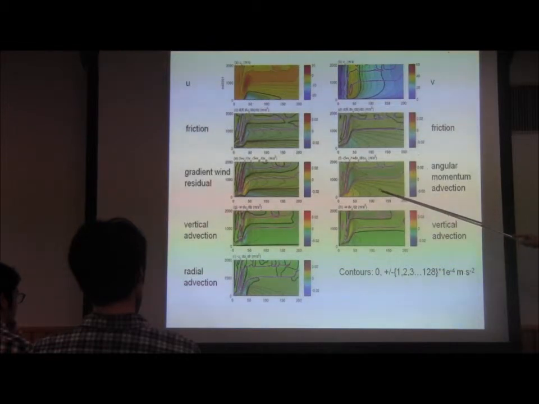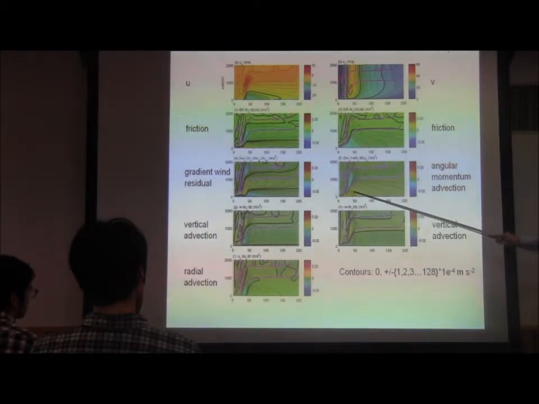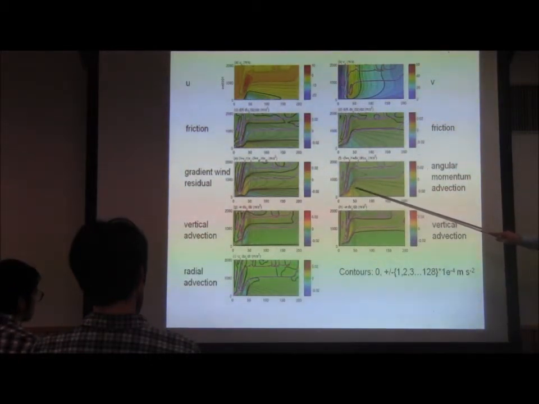Now, if you imagine the flow coming in here, as it ascends in the eyewall, it changes from inflow to outflow. And the strongest supergradient flow is slightly within the top of the inflow layer.